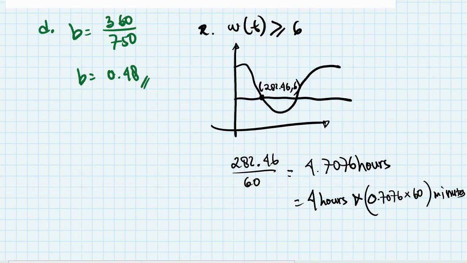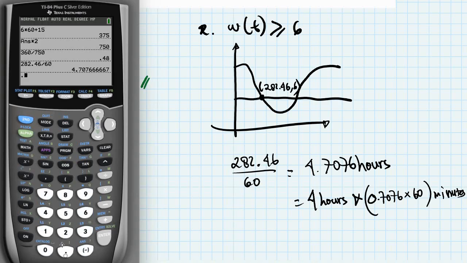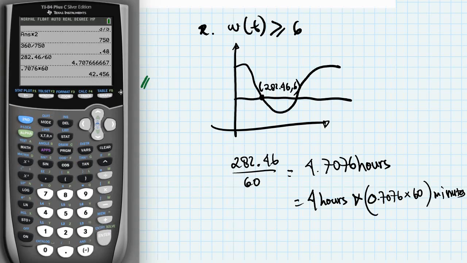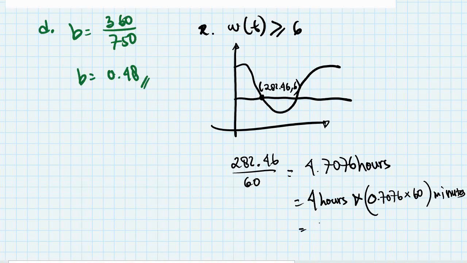That's why we multiply it by 60. 0.7076 times 60 equals 42.45. So it means 4 hours and 42.45 minutes.